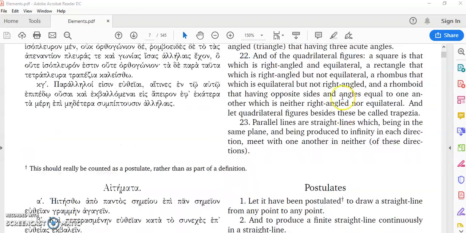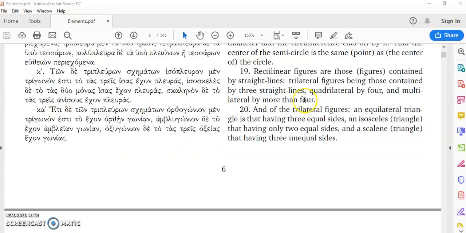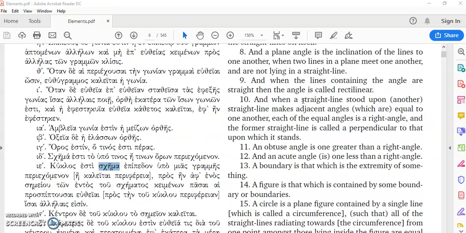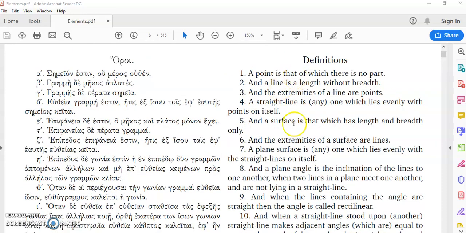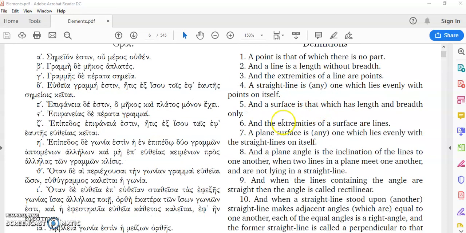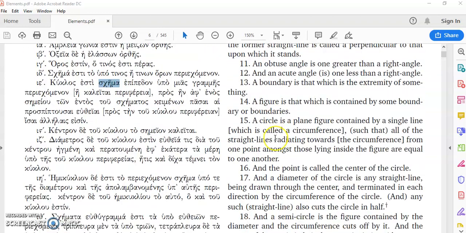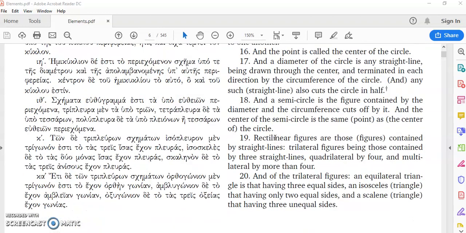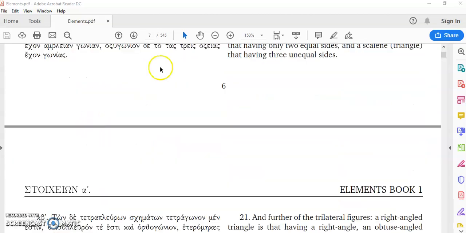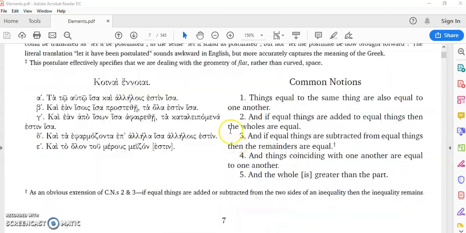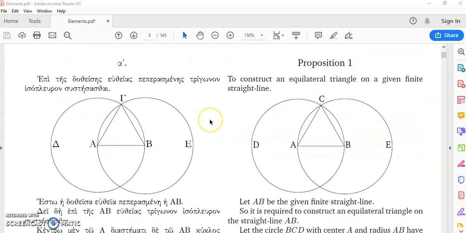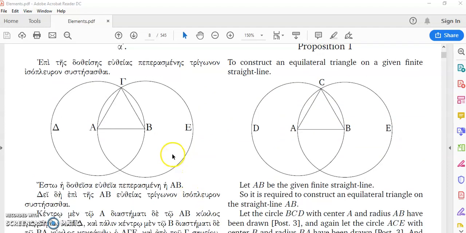And in the previous definitions, it gives you the basic distances. The basic distances are the line, the circle, and then it introduces the plane, and finally the triangle, and rectilinear figures, etc. Okay, so the Book of Elements starts off not with constructions, but with the essential and foundational properties of distances.